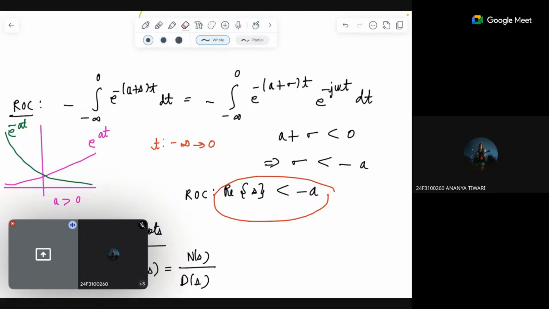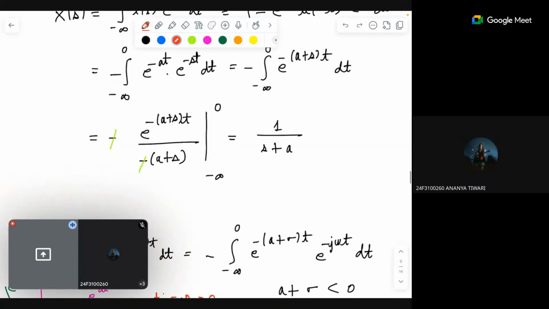So now let us come back. Here, the real part of s is less than minus a. All right. Now let us come back here. So this altogether will be a negative number. This is negative and this is negative. So negative into negative will become positive.